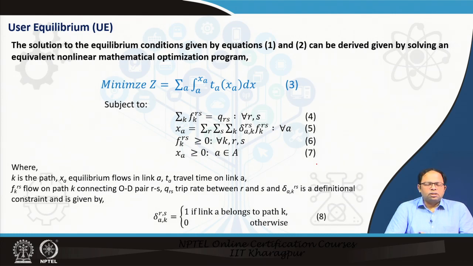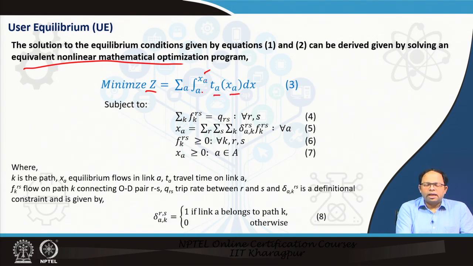So using calculus, we can actually solve this, and this could be derived by solving an equivalent nonlinear mathematical optimization program, where we minimize z, where it is equal to summation over all a of the integral from 0 to xa. xa is the total volume, and this is Ta at xa.